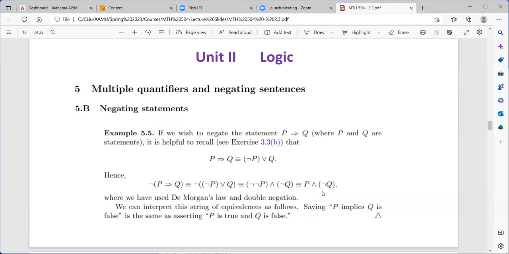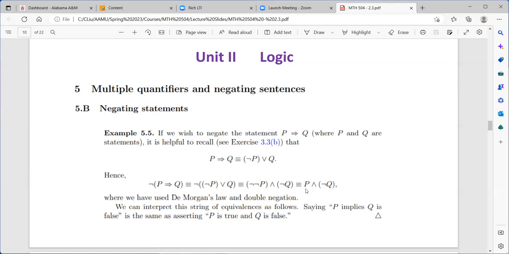So on the right-hand side, when P is true and Q is false, then you get the negation of Q true. So the whole statement on the right side is true. So when the left-hand side is true, the negation of the conditional statement from P to Q means P implies Q is false.